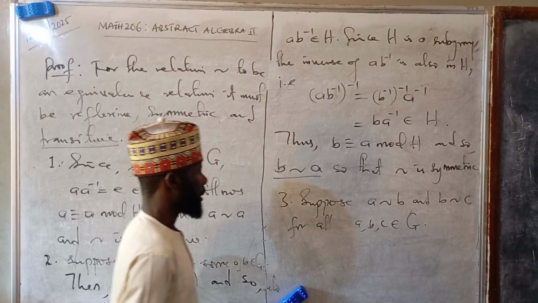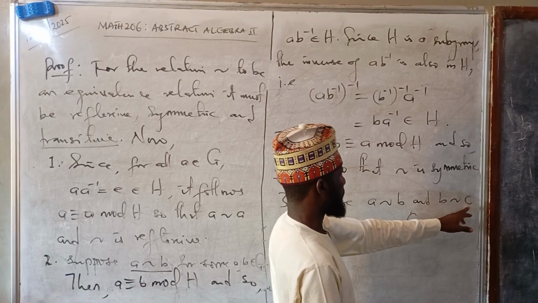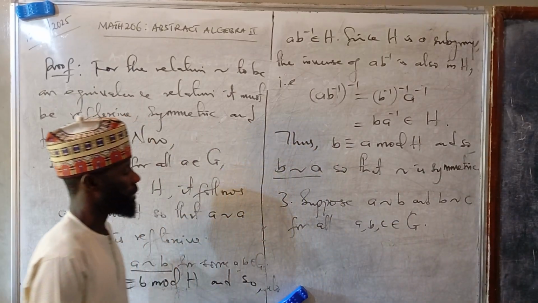Once that happens, we say A is related to C, and if you can check that, then the relation is transitive.